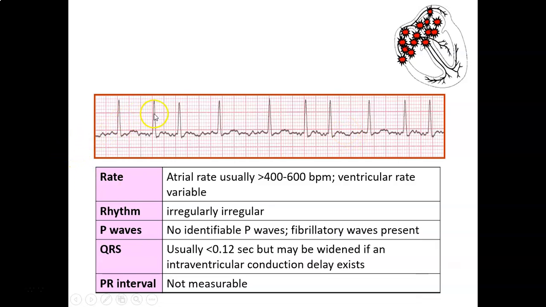QRS duration is narrow throughout, so it means the source is from the atria. And of course no P wave, so no PR interval. So this is your atrial fibrillation, because this is completely irregular with no P waves.